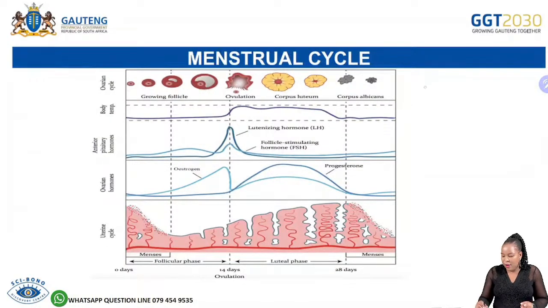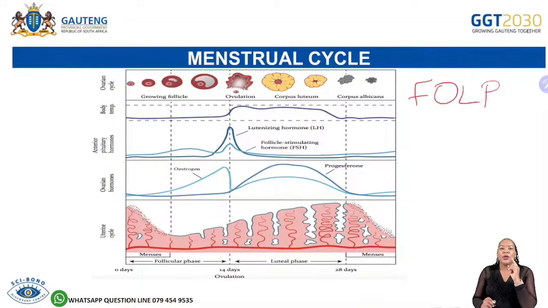following our famous acronym FOL. We want to trace which hormone is being released, what influence it is going to have, and where. So we start with our F. On this graph, you need to check what is happening in the uterus. The first one is the uterus.